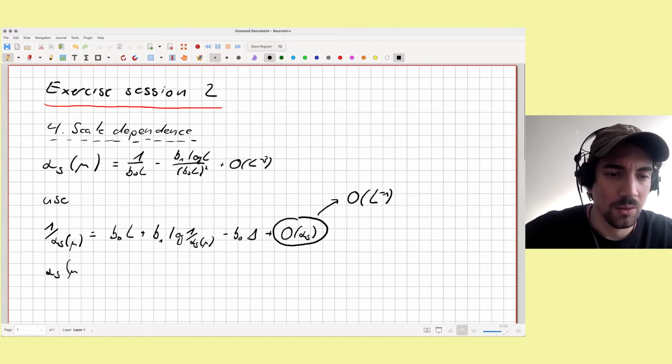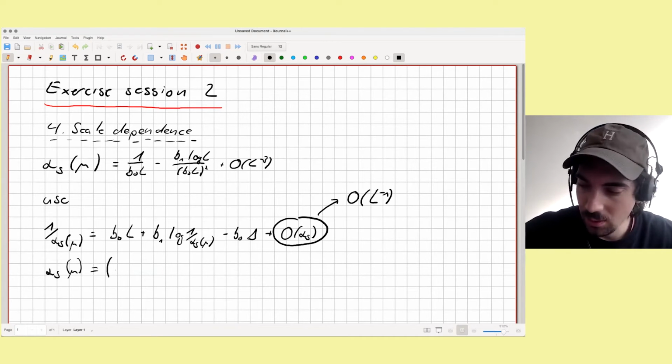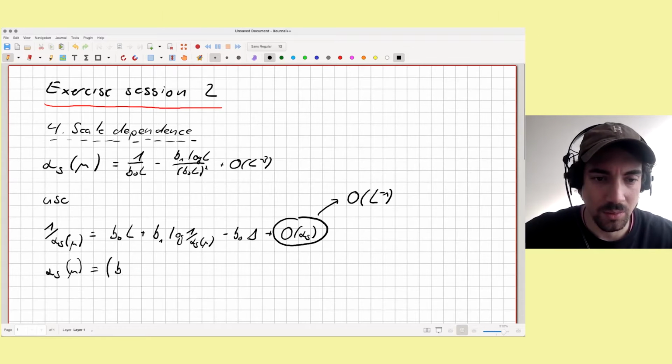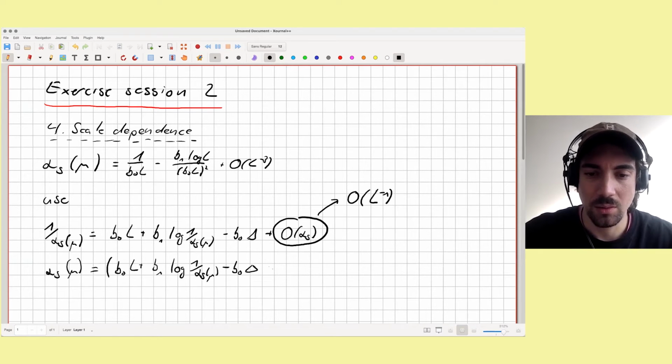We invert this equation, then we find that alpha s equals just the thing above, so B naught L plus B1 log 1 over alpha s, where I'll leave out the mu, minus B naught delta plus something that's of order L to the minus 1.